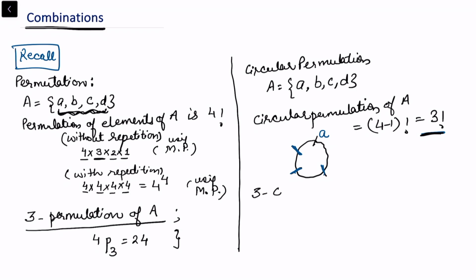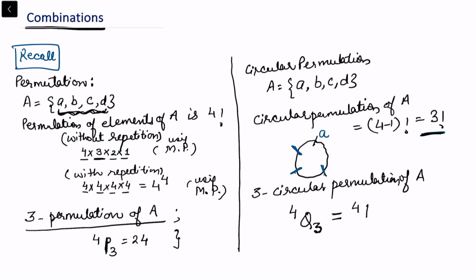Now if the question is the 3-circular permutation of A, I am placing 3 objects of A. For this I use the notation NQR for circular permutation, where P is the notation for permutation and Q for circular permutation. Out of 4, I first arrange 3 on a circular or round table.